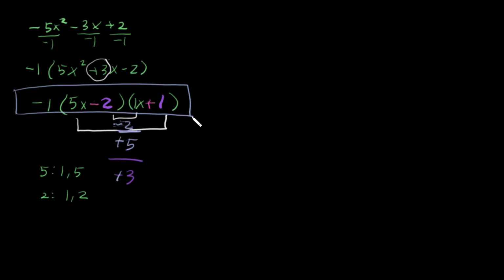Now, for this method to work, once again, we have to find out the GCF, factor out the GCF, and it's very helpful when A is a positive. So once again, we're going to factor out that -1, and so we end up with a 5x squared plus 3x minus 2.